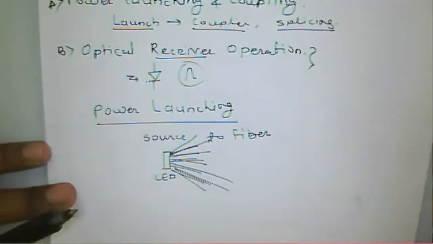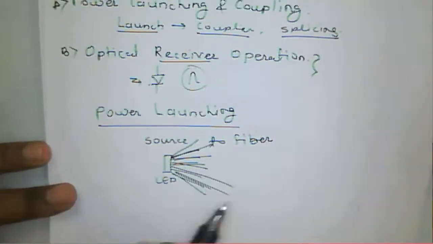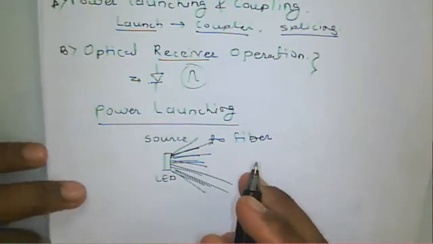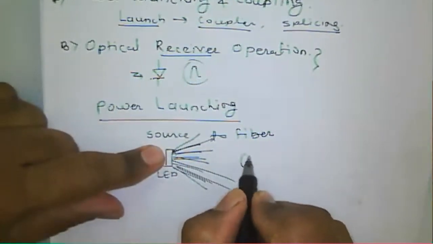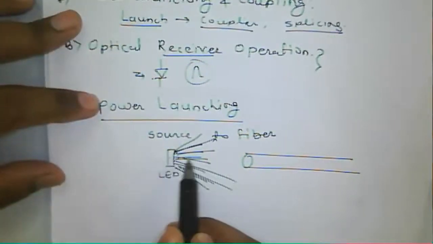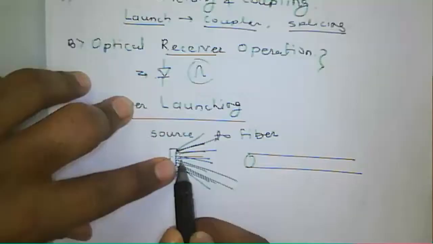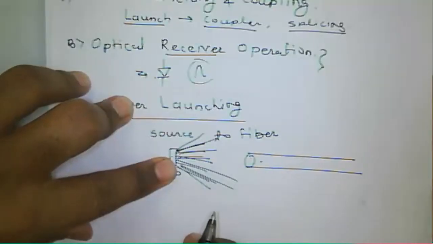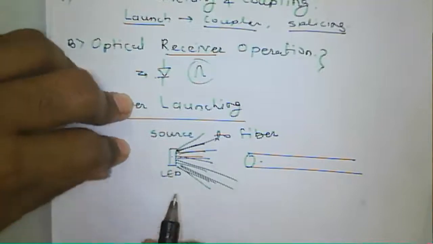Now the question arises: what will be the intensity of that light? And here we consider an optical fiber, and how the light coming from this source will be launched inside the optical fiber.